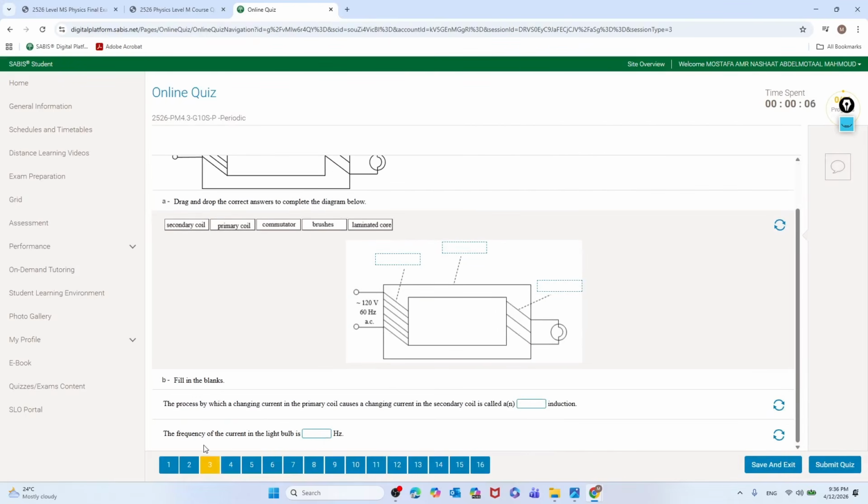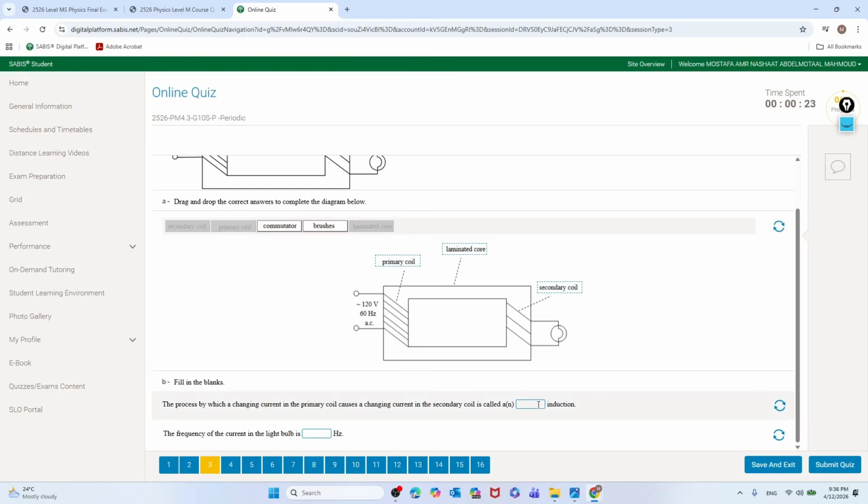Oh, this one's the one we just did. So this is the primary coil, this is the laminated core, this is the secondary coil. The process by which a change in current in the primary coil causes a change in current in the secondary coil is called electromagnetic induction.